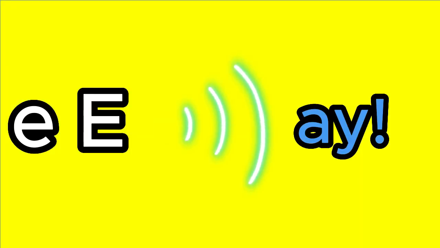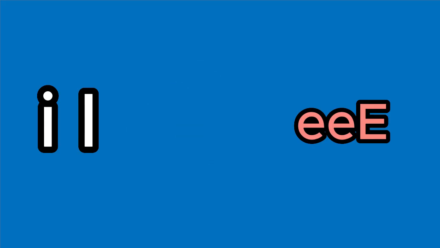So E gives the sound of early or A. The vowel I carries the sound E. The vowel O brings the sound O. And lastly, U represents the sound U.